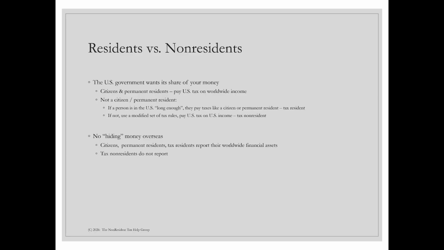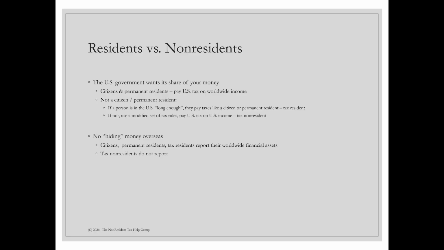Likewise, there have been a few naughty folks in the past 100 years who have put money in places like Swiss bank accounts so they wouldn't have to pay taxes on it. As a result, all citizens, permanent residents, and tax residents must also report their worldwide financial assets. So you say, yes, I'm fabulous, I have $1,000 in a Swiss bank account. You don't pay tax on it, you just say, hey, it's out there.